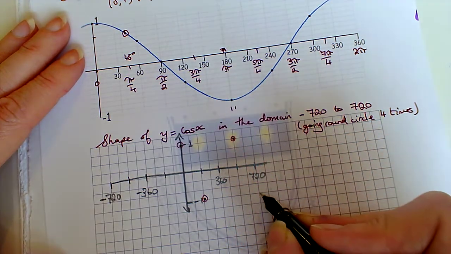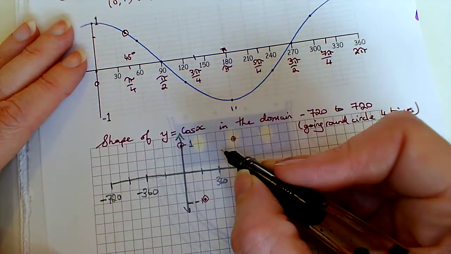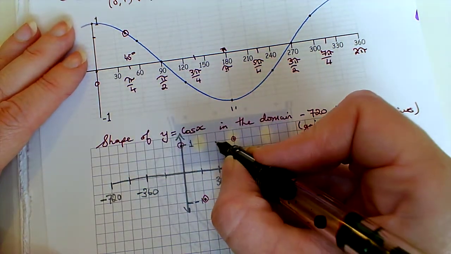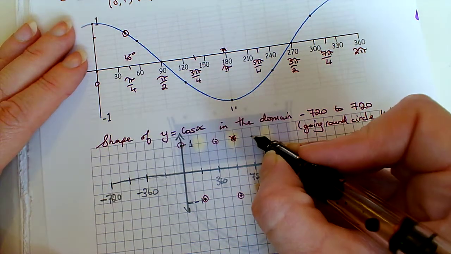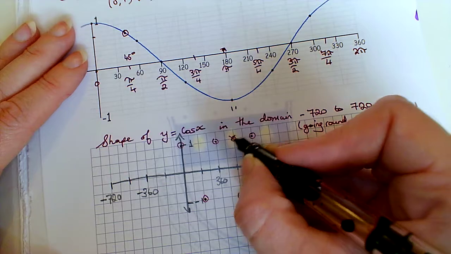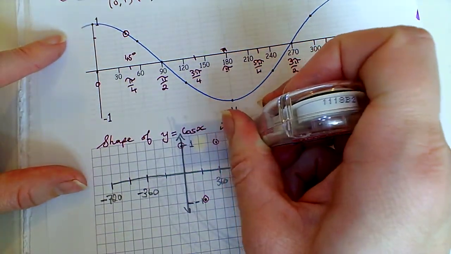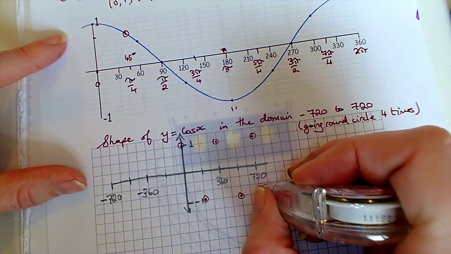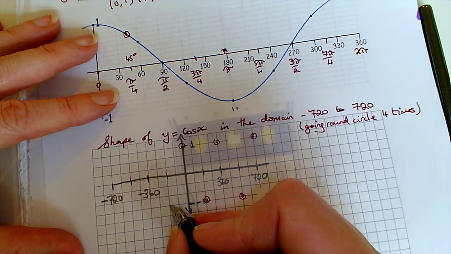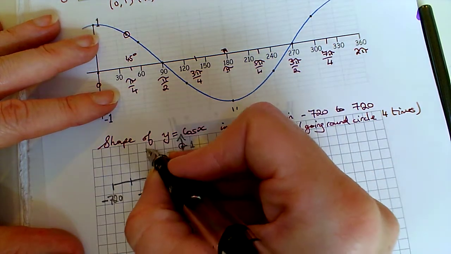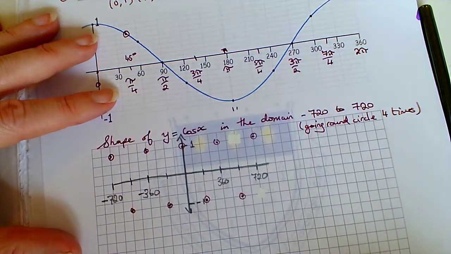1 and -1. Oh no, I've gone a bit wrong there, sorry. 1 and -1, 1 and -1, and back up to 1 again. Just clear that mistake there. Okay, so every 180 degrees it goes between 1 and -1. 1, -1, 1, -1, and back up to 1.